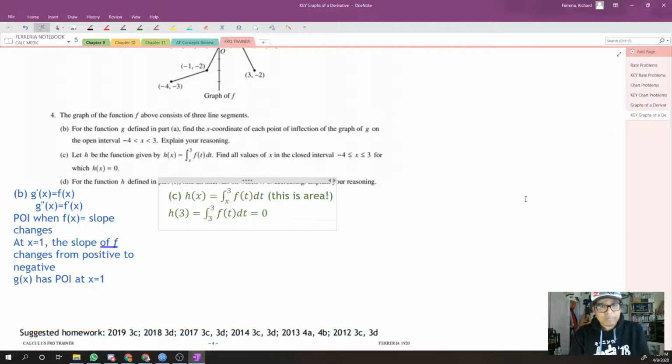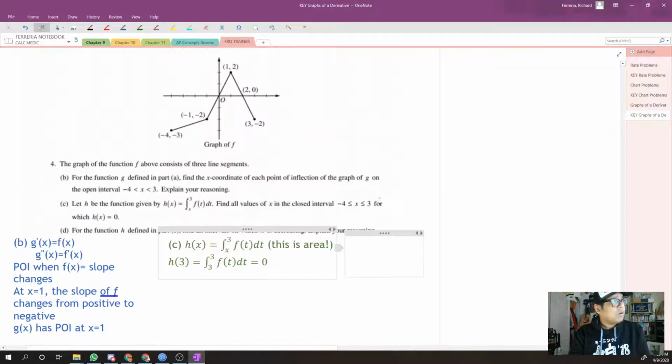Now, for the second one, we've got to find a place over here where the area is going to be 0. If I take a look over here, from 2 to 3, this is a triangle below the x-axis with a base of 1 and a height of 2.